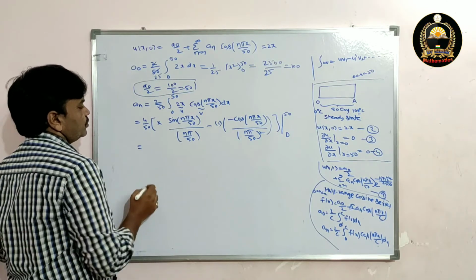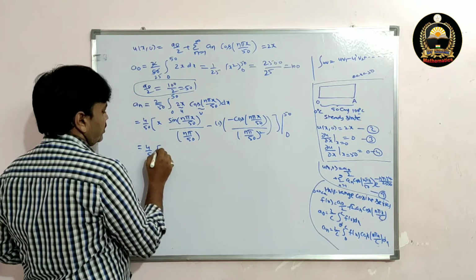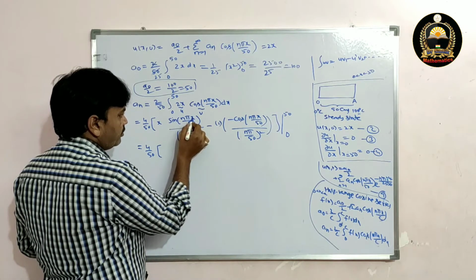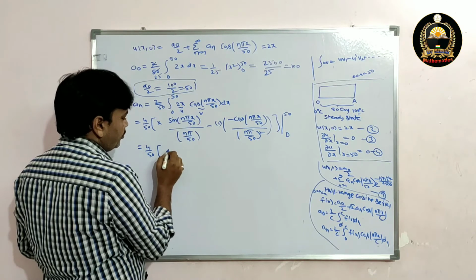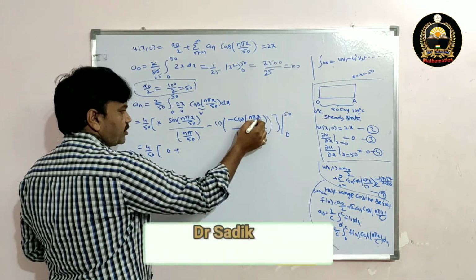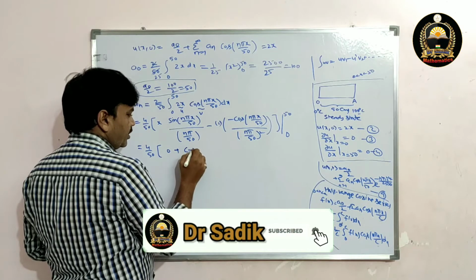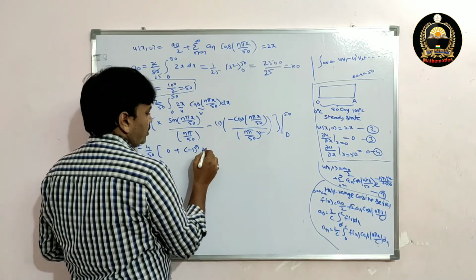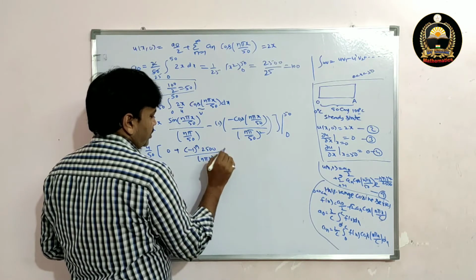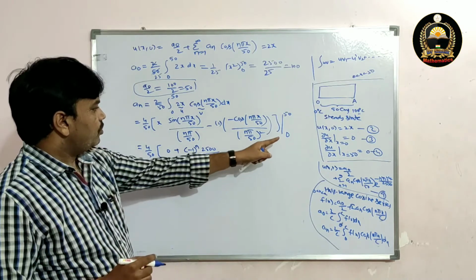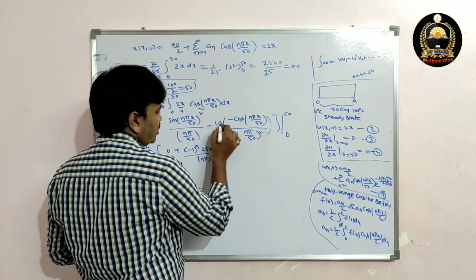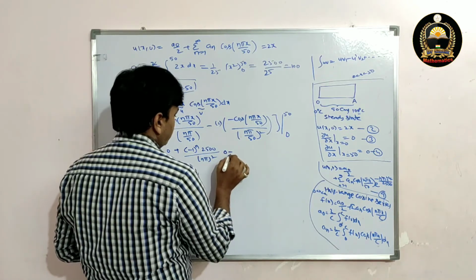So that is equal to 4 by 50 bracket. See, students, if I substitute the upper limit 50, the 50 cancels, sin n pi value is 0, then minus and minus gives plus. Again I substitute 50, cos n pi value is minus 1 whole power n, so 2500 by n pi whole square. Now substitute the lower limit: sin 0 value is 0, and the lower limit gives minus, so finally I got minus here.